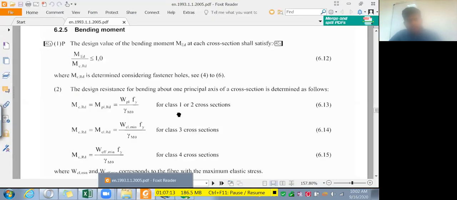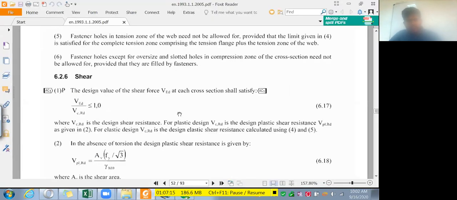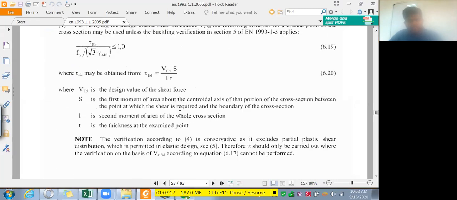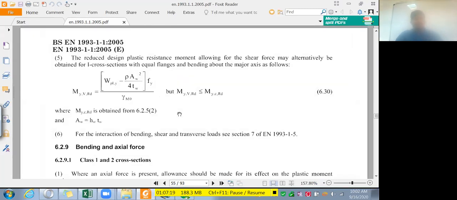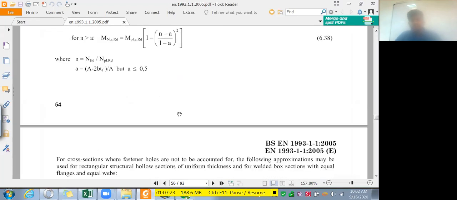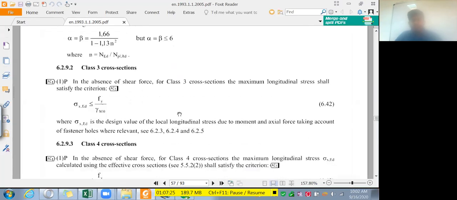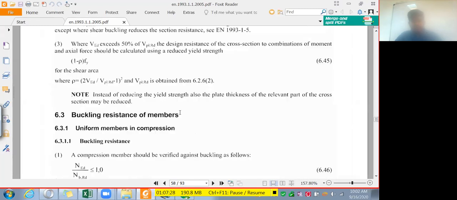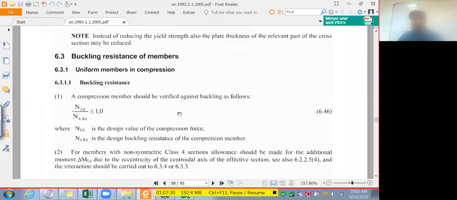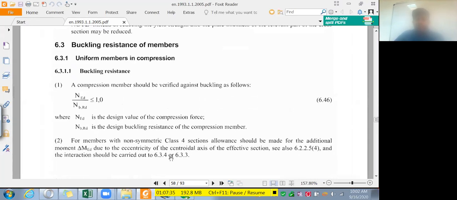When it comes to compression, you have to consider the following part of the clause, that is where you anticipate buckling. So this should be combined with compression members, that is 6.3 buckling resistance of members.